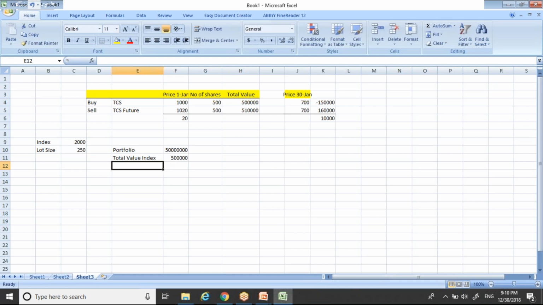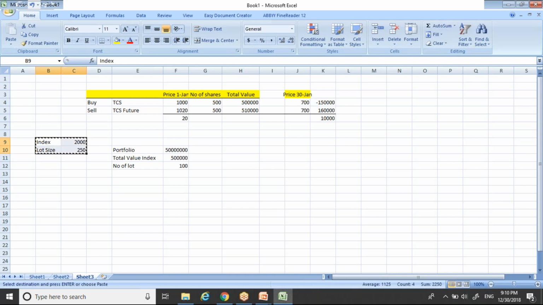So for the number of lots to hedge, it is very simple, this divided by this. So around 100 lots. What do you mean by this 100 lots? We have to buy 100 lots of this S&P 500 index to hedge the portfolio. If the beta is 1, we are assuming the beta is 1.